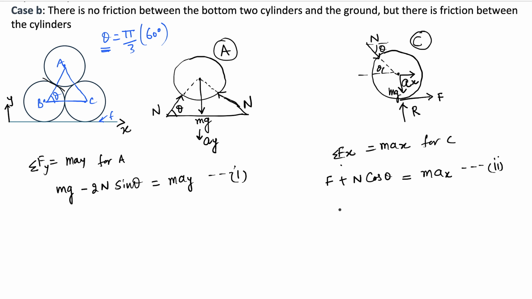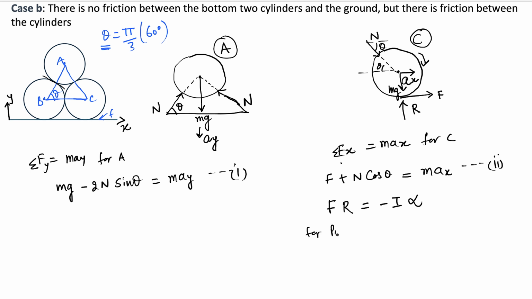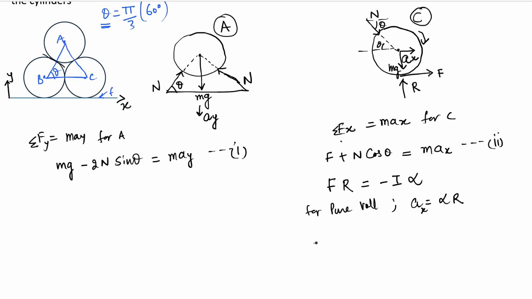Okay, so which means that F into R equal to, now it is basically turning in this direction. Since I have taken force in this direction, this will become negative, so minus I alpha. And for pure roll, we can assume ax equal to alpha R, right? So therefore F equal to minus I by R square ax.